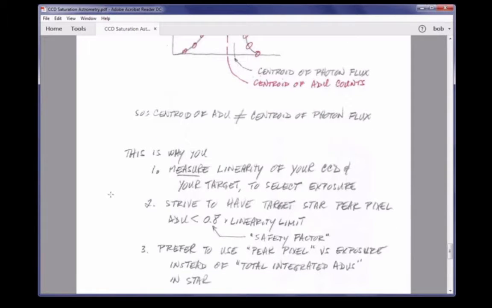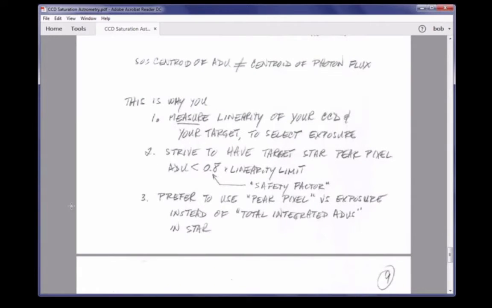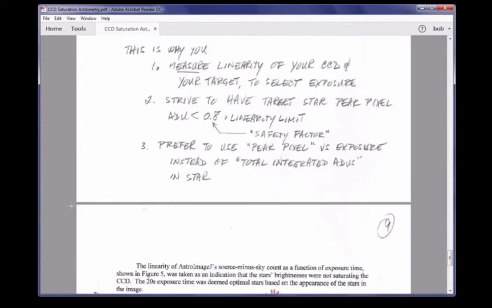I think usually people say if I know the linearity range in ADUs, I try to have the peak pixel in my brightest star of interest about 80% of that, and the 80% is strictly a safety factor. So if the air gets a little clearer or something like that, I know that I'm not bumping into the nonlinear range. And we talked about why I kind of prefer plotting the linearity curve using the peak pixel rather than the integrated ADUs.